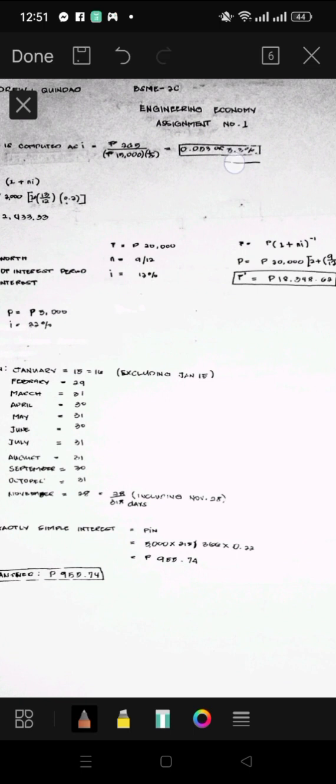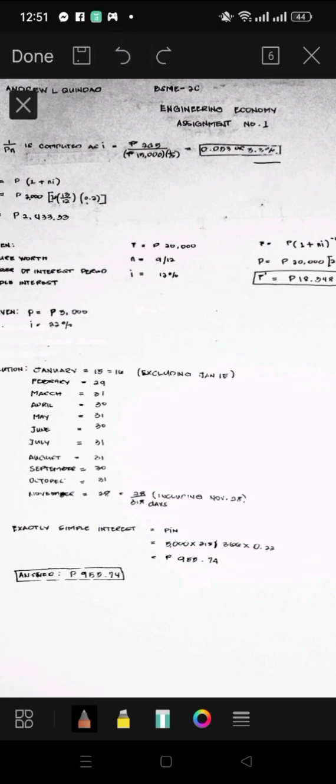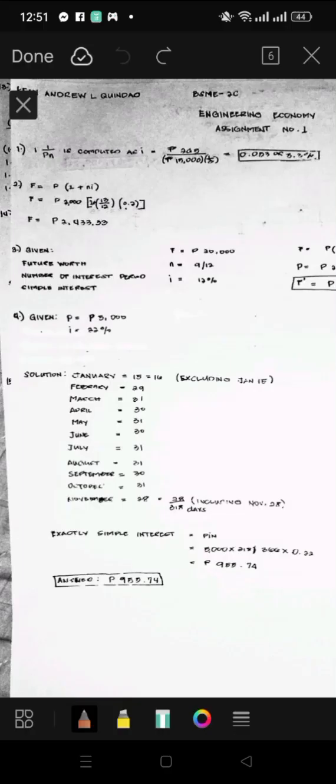Let's proceed to problem number 2: a loan of 2,000 is made for a period of 13 months, from January 1 to January 31 of the following year, at a simple interest of 20%. What is the future amount due at the end of the loan period?